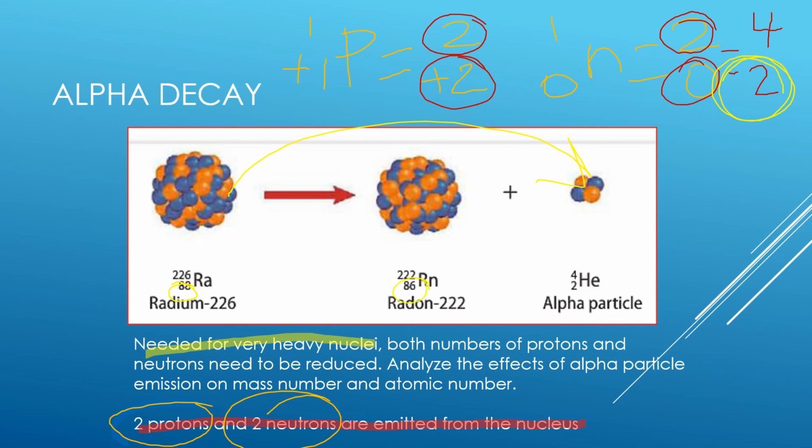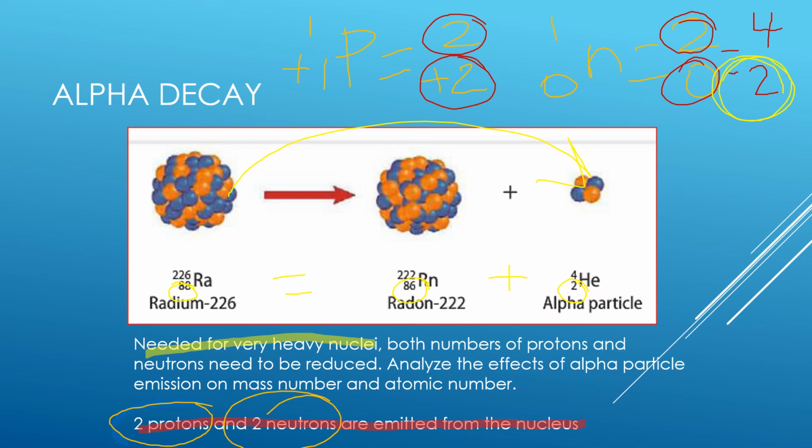We started out at 88, and now it's 86. So the effect that alpha decay has on a nucleus is that its atomic number goes down by 2. And again, I've got 88 on the left, and on the right, 86 plus 2 is equal to 88. So atomic numbers are equal on both sides, and atomic masses are equal on both sides.